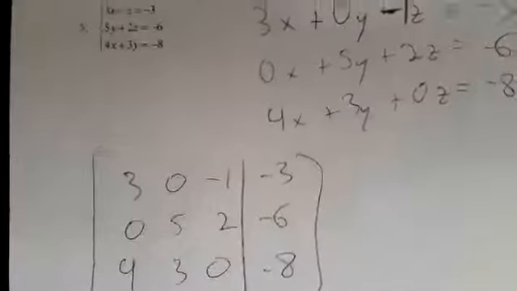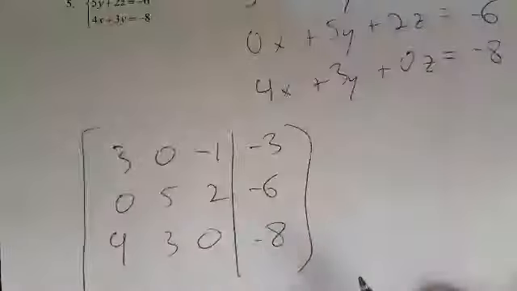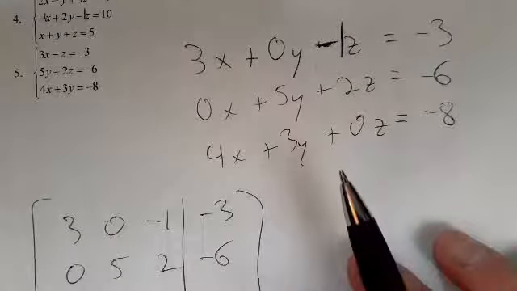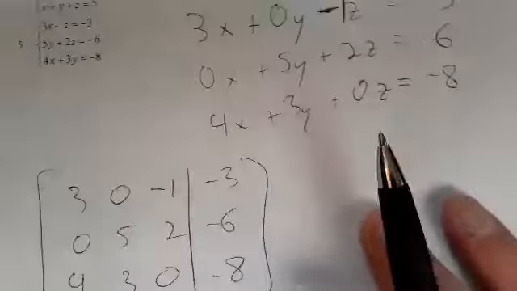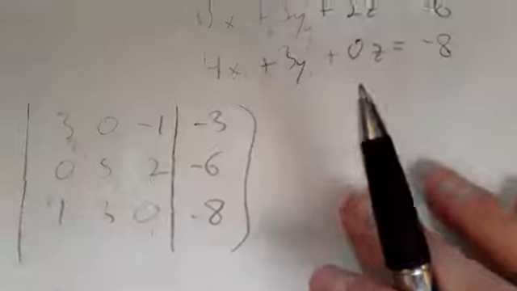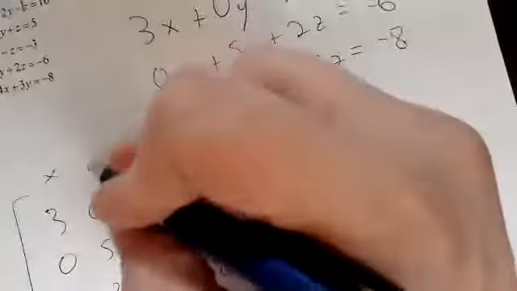If you can look at this and throw it straight into the matrix, that's fine as well. If you want to write this middle step out and it helps you, go for it. Personally, I would probably write that out. That's my x's, that's my y's, that's my z's.